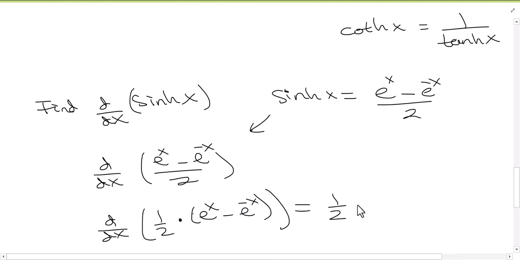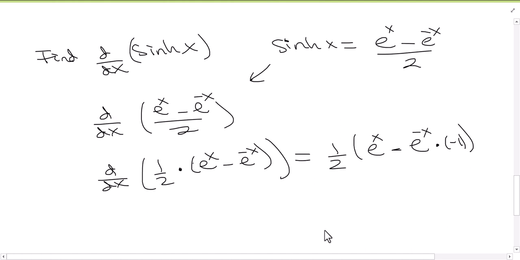The derivative of e to the x is just e to the x, minus the derivative of e to the negative x. The derivative of e to the stuff is e to the stuff times, by chain rule, the derivative of the stuff, which in this case is a -1. So multiplying that -1 in, I'm going to have e to the x, minus times that -1 becomes plus e to the minus x, over 2.